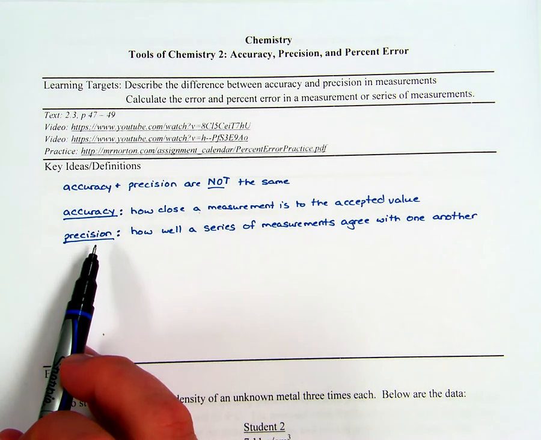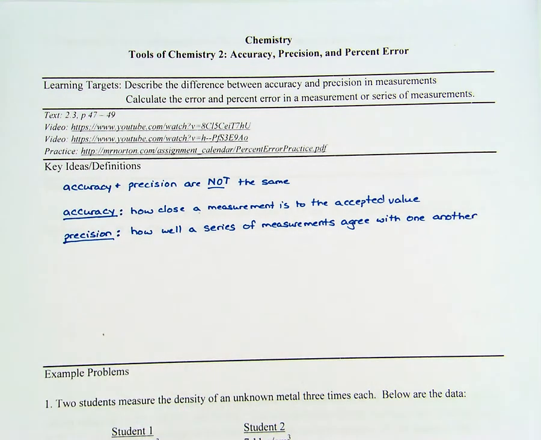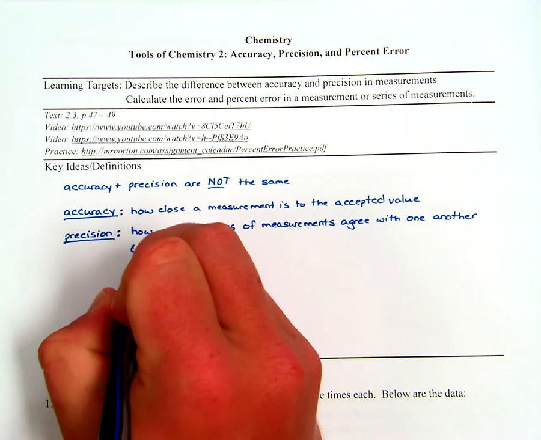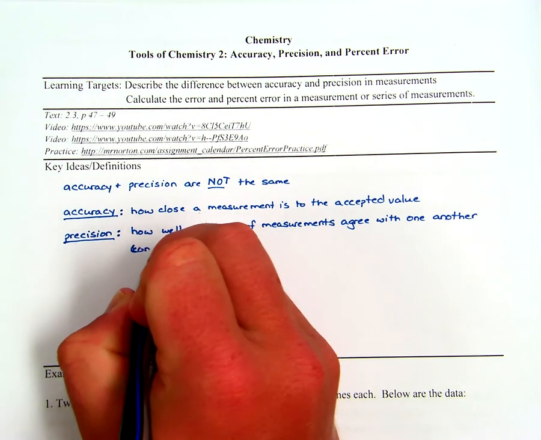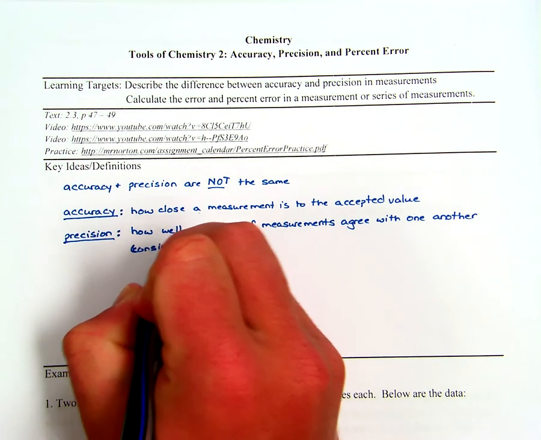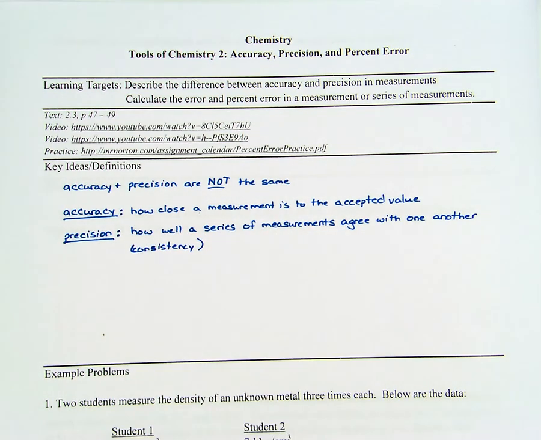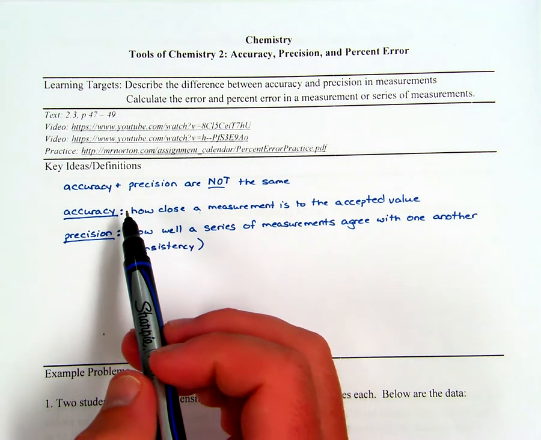If they are a ways apart from each other, they're not precise. So another way you can think about precision is consistency. The precision of measurements is about the consistency of the measurements, how well they agree with each other. Now, under ideal conditions, we will have both accurate and precise measurements.